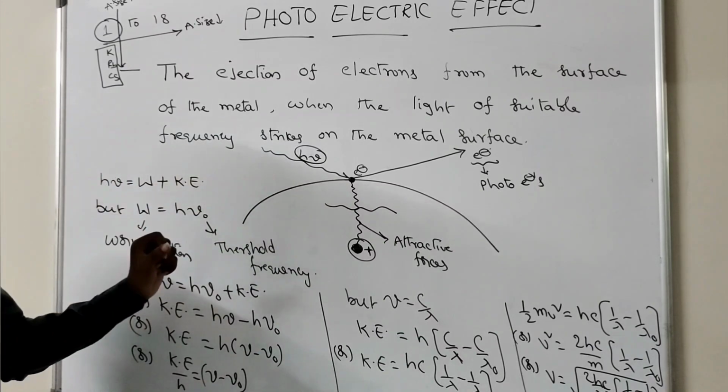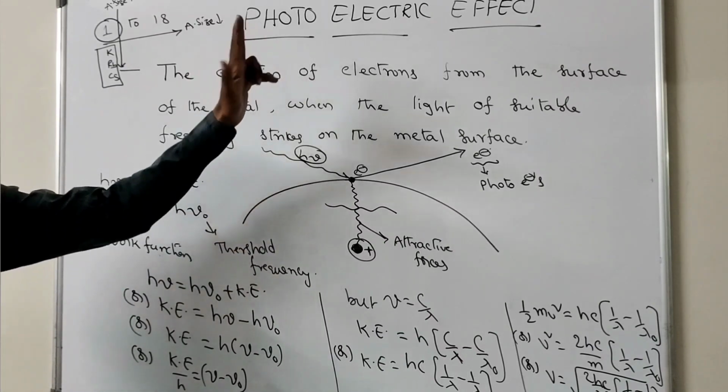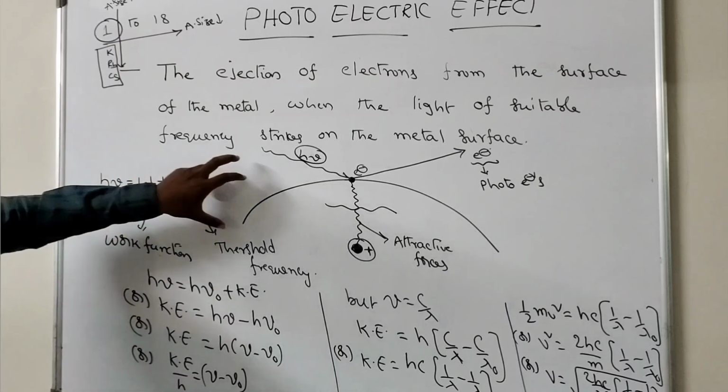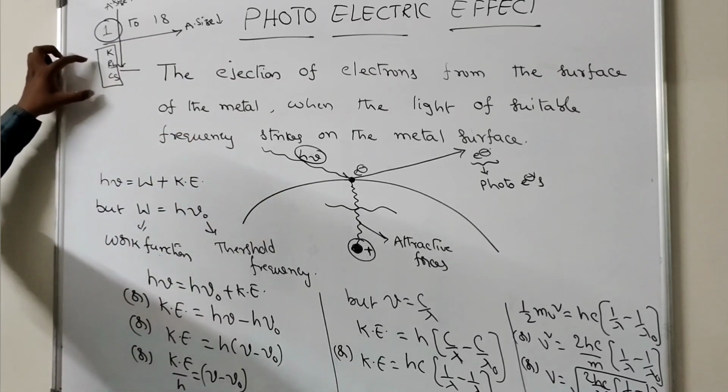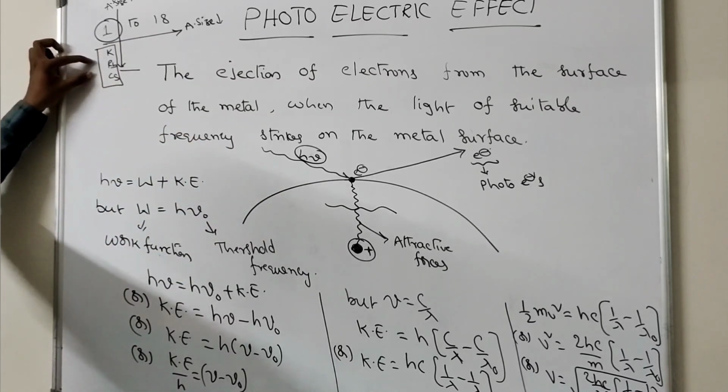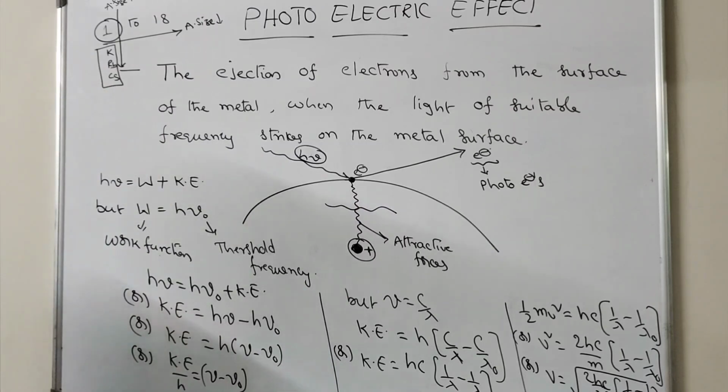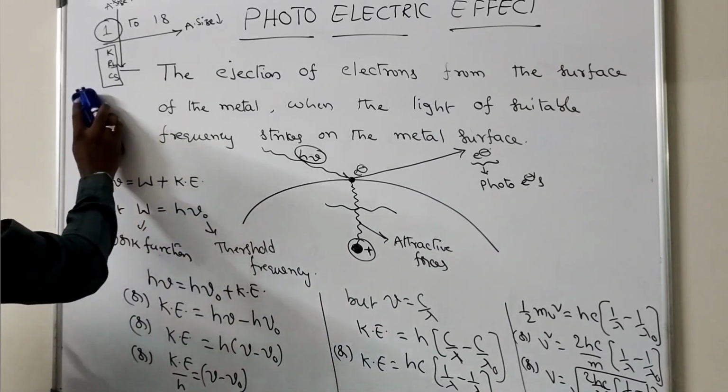The photoelectric effect is readily shown by potassium, rubidium and cesium.